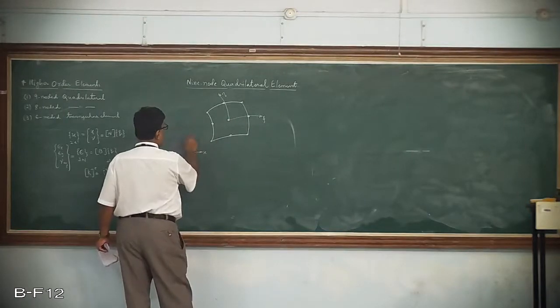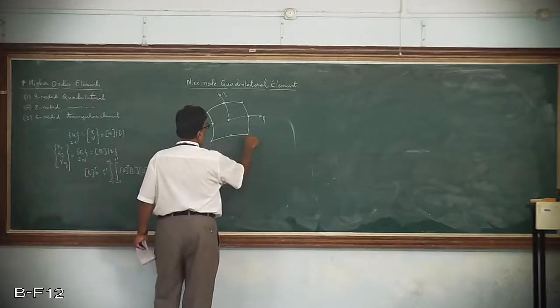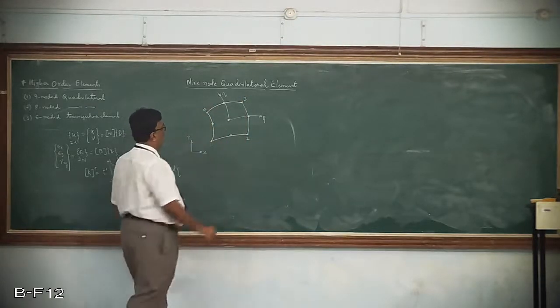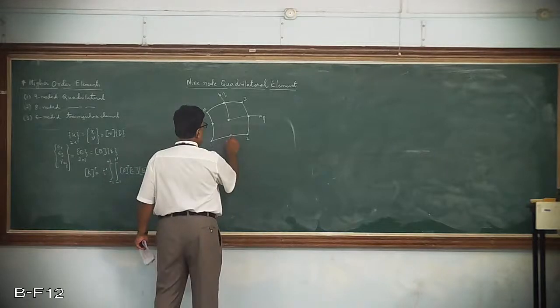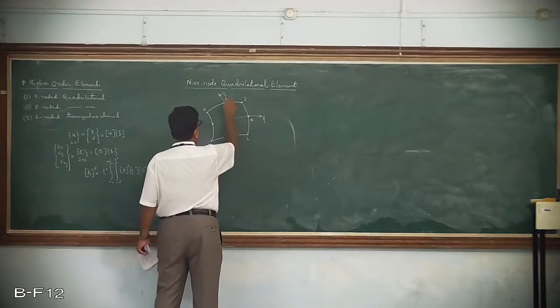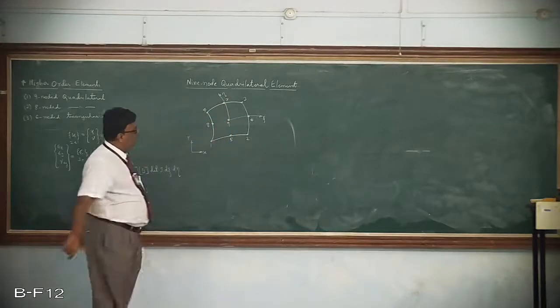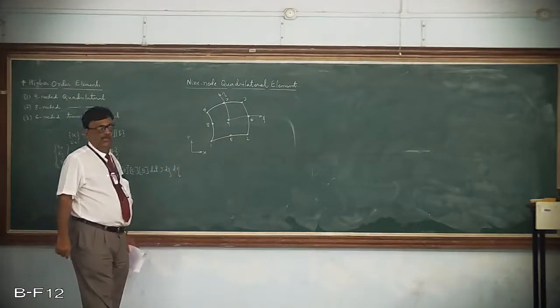Look at the node numbering 1, 2, 3 and 4. These are always corner nodes, and the mid nodes are 5, 6, 7, 8, and the 9th is, I can say, the center node. This is what we call it.